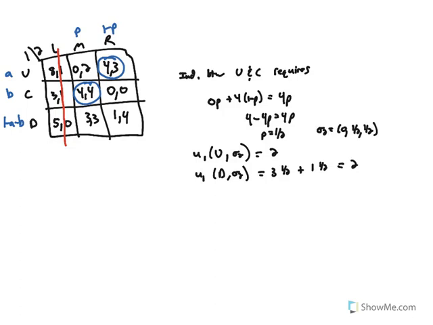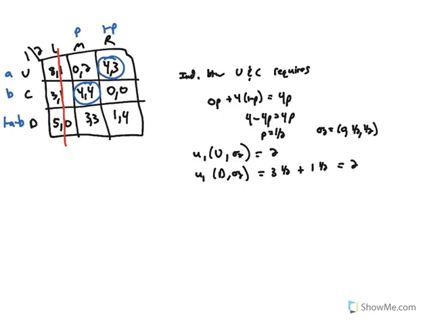Okay? So in this case, when sigma 2 is 0, 1/2, 1/2, we have indifference for player 1 between all of those things. We have indifference for all. And when sigma 2 is not 0, 1/2, 1/2, then D is never a best response.